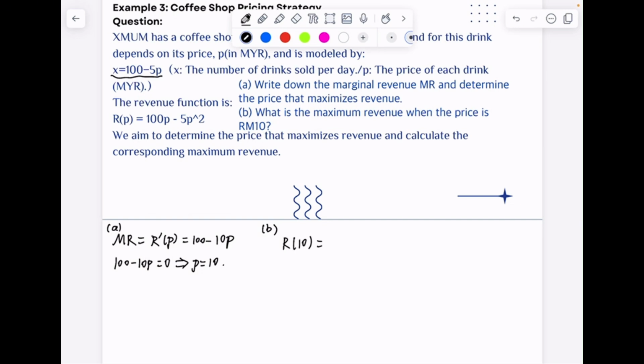We just take it into the function, 100 times 10 minus 5 times the square of 10, equals 500, and we know the maximum revenue is 500 RM. So the question is done.